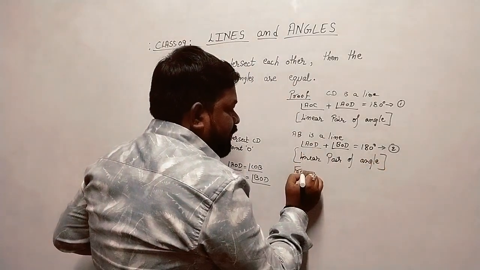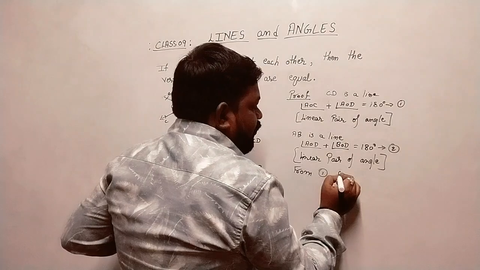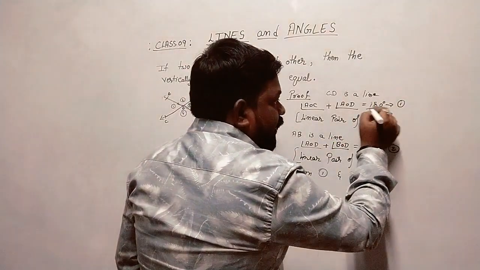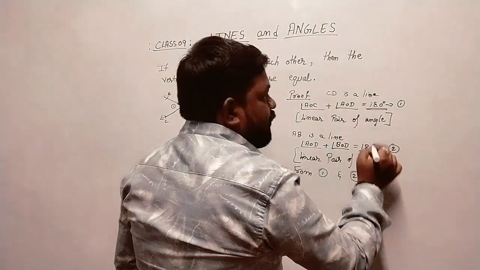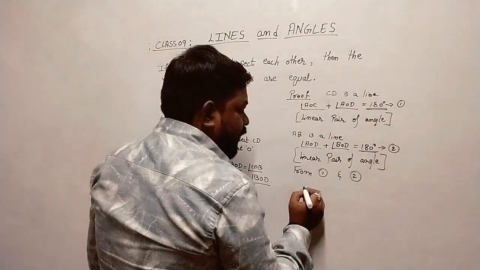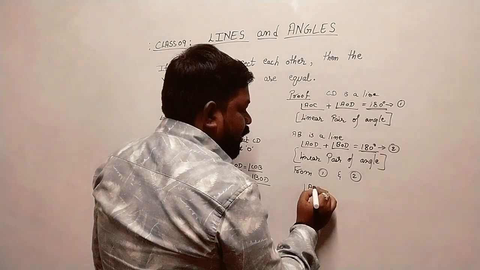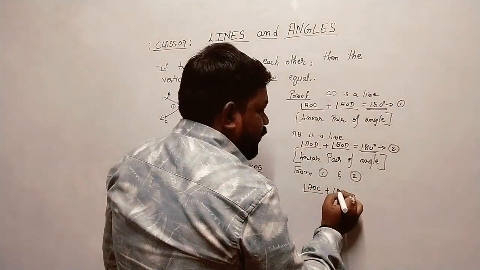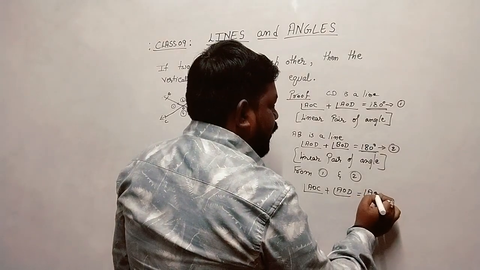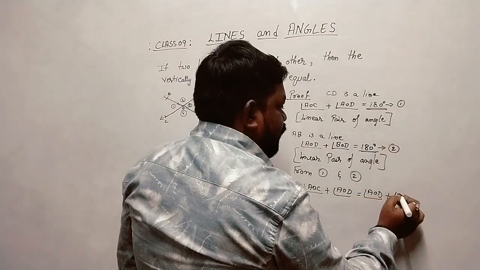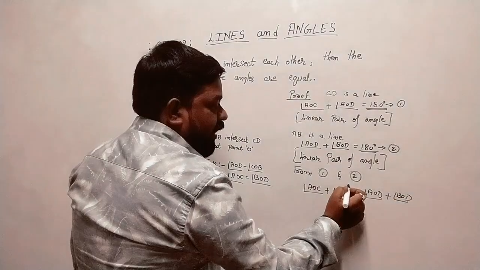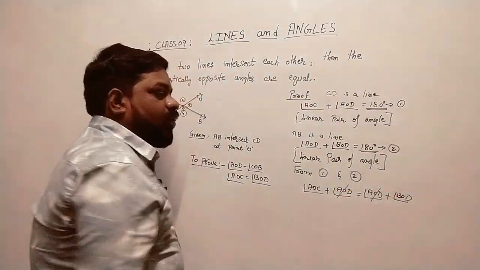Now consider equations 1 and 2. From equations 1 and 2, you can see here on the right hand side, that is RHS, we have 180 in both, which means the LHS should be equal. AOC plus AOD is equal to AOD plus BOD. So on both sides we have angle AOD common.